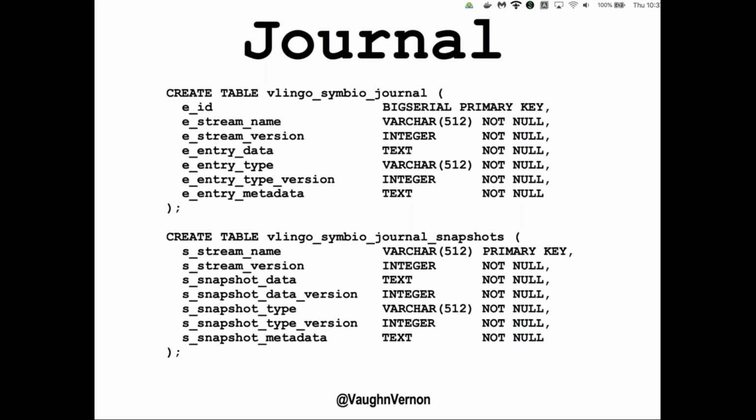And then notice the vlingo Symbio journal snapshots table. This is how you persist the snapshots, as in the data itself that is a snapshot of, for example, the rate state or the product state or whatever. And so this is how you can recover more quickly the state of a given entity.